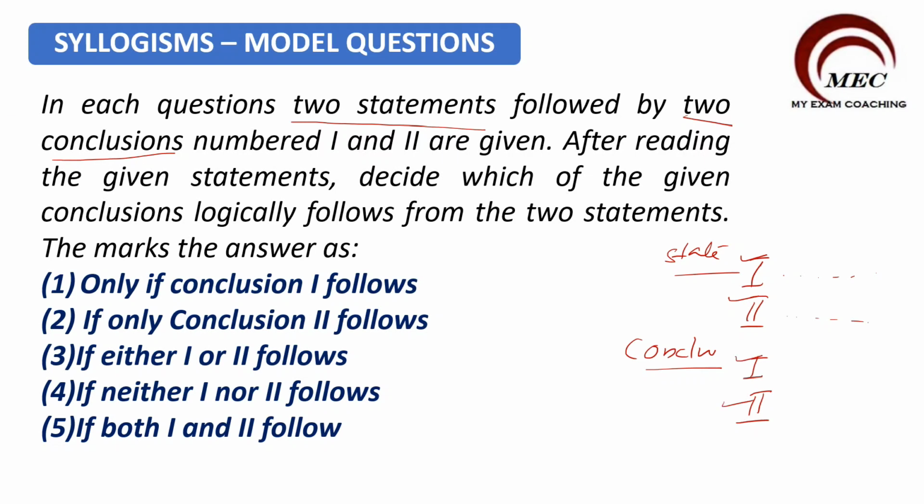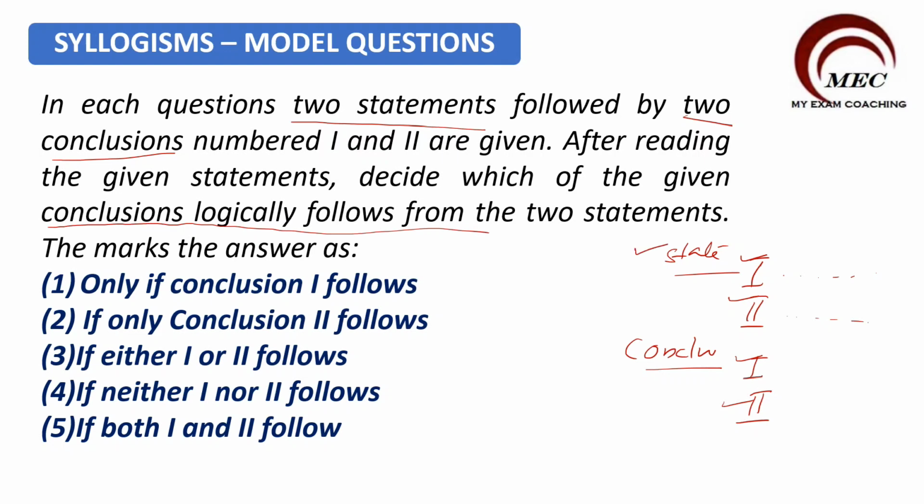Now what you have to do is decide which of the given conclusions logically follow the statement. Read the statement, read the conclusion, and see which conclusion logically follows, which conclusion is correct according to the given statement. Understand very clearly, students.